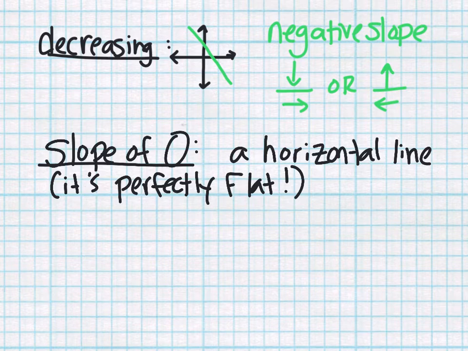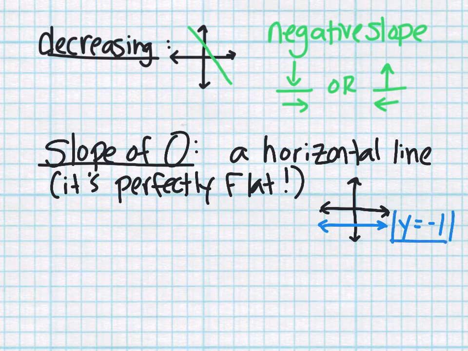If I draw a tiny baby graph example of this one, slope of 0 is going to be a line that's going perfectly horizontal. This one would be, for example, the line y equals -1. We've talked before, if it's got just y equals a number, it's going to be a horizontal line.